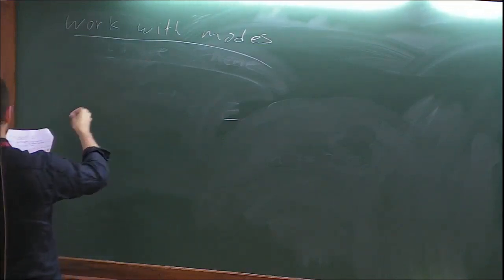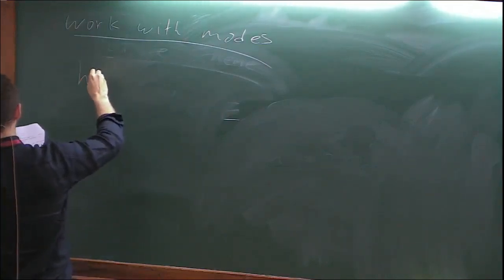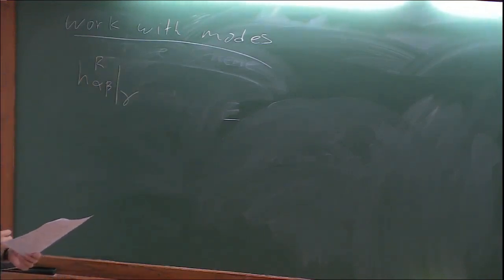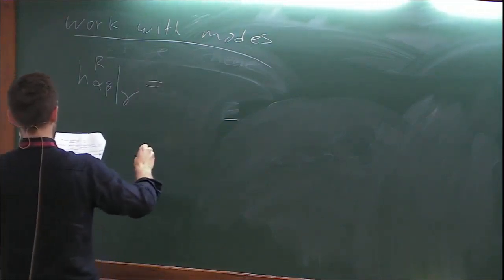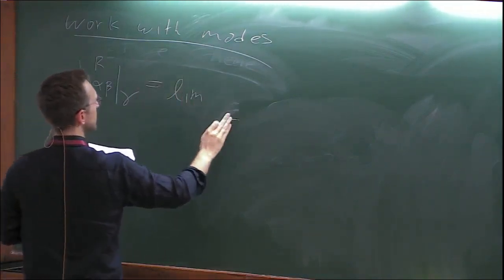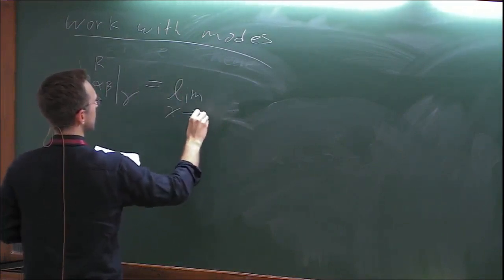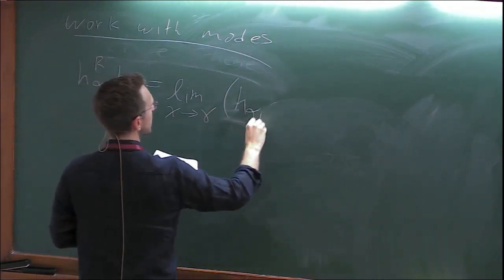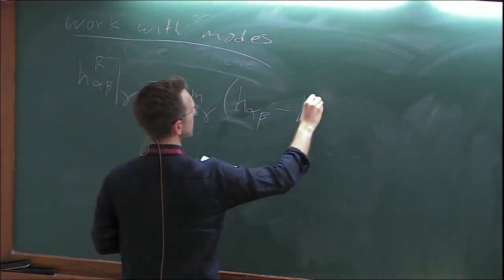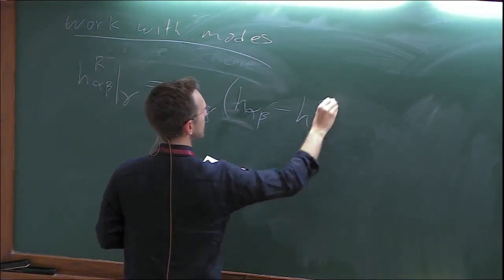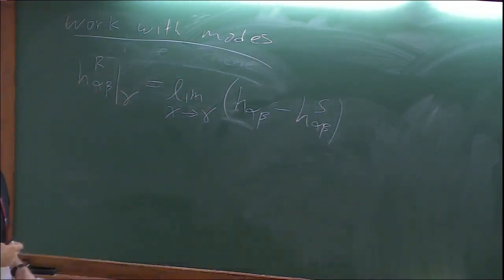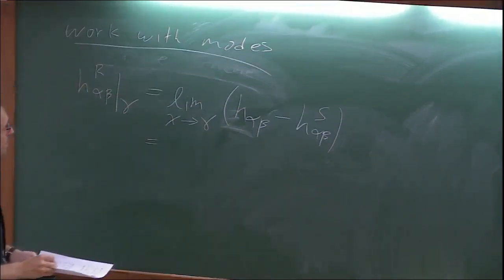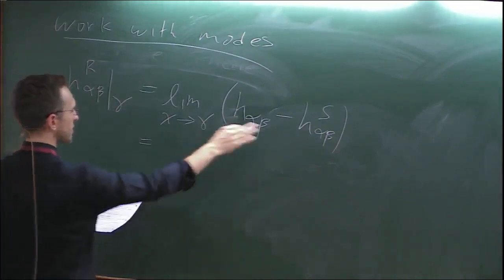So we can imagine, let's say we want to calculate just the regular field on the world line. Then this is the limit from off the world line of the full physical field minus the self field, singular field, or puncture. They'll all give you the same answer here. But now let's expand these in modes.